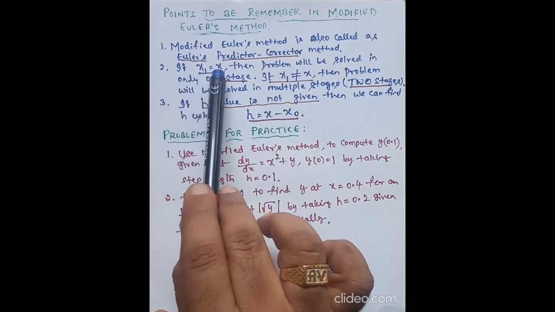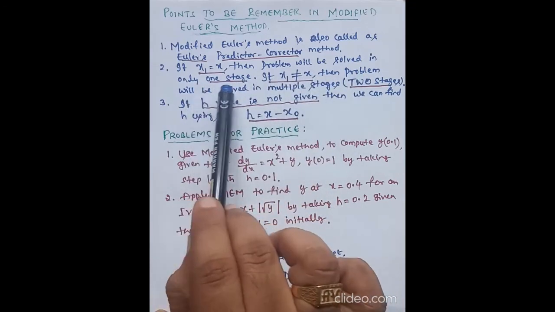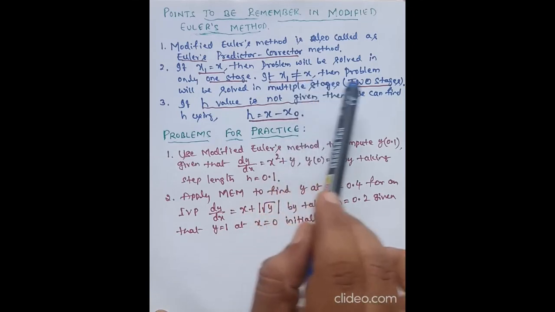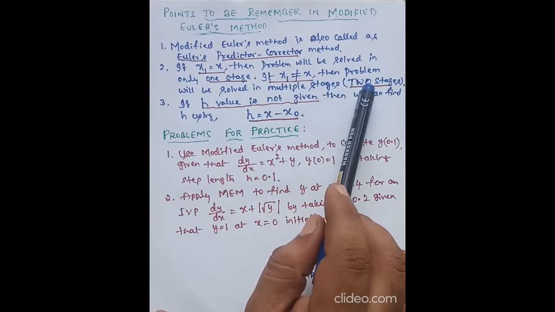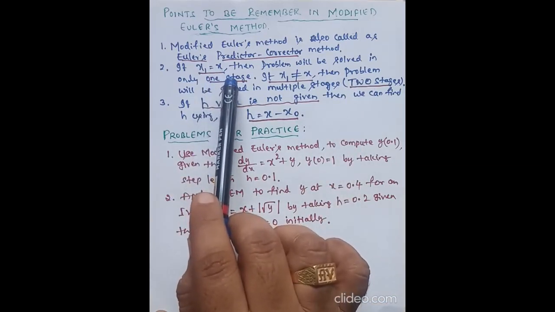If x1 is equal to x, then the problem will be solved in only one stage. If x1 not equal to x, then the problem will be solved in multiple stages. So normally 2 stages. So this I already discussed in the problem. So this is a very, very important point.